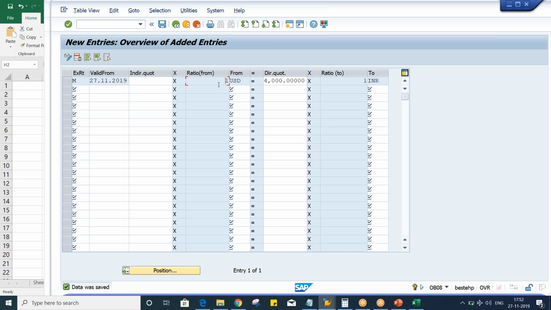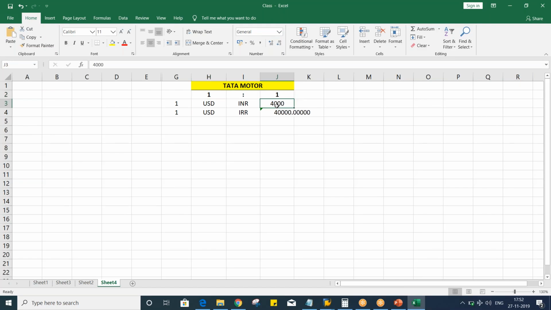Now here 1 USD equals 4,000 Indian currency, right? But the requirement is 1 USD equals 40,000 Indian currency. So this translation ratio is going to be changed here, USD and here INR. So this translation ratio is 1 USD versus 10 Indian currency.